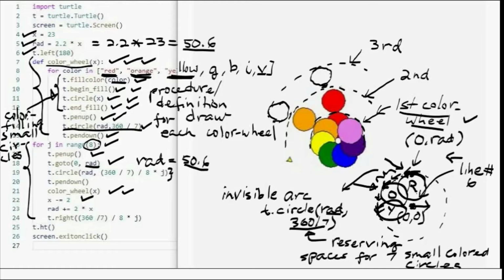Incidentally, the x is the radius of the small colored circle. I will make the radius smaller.